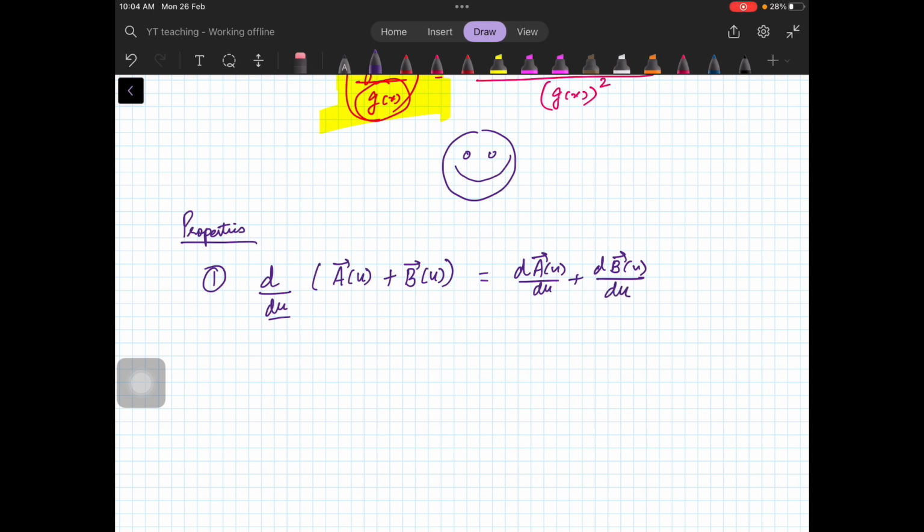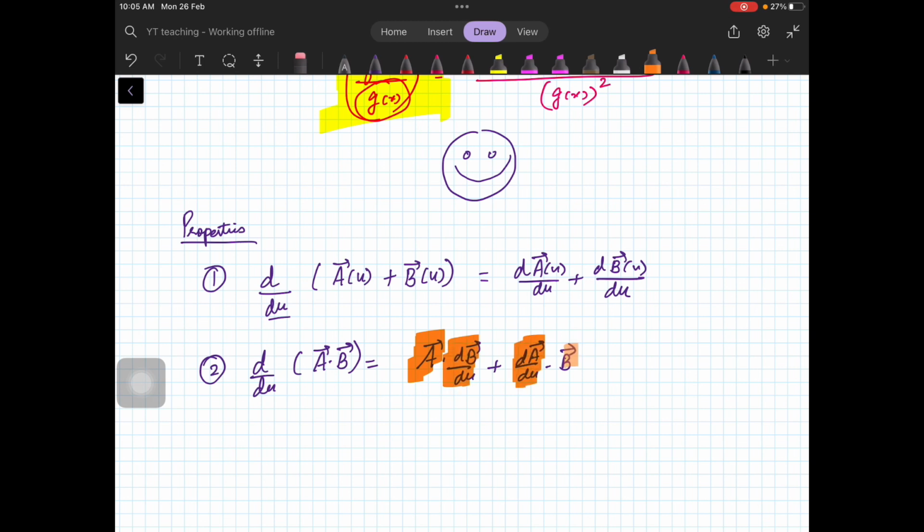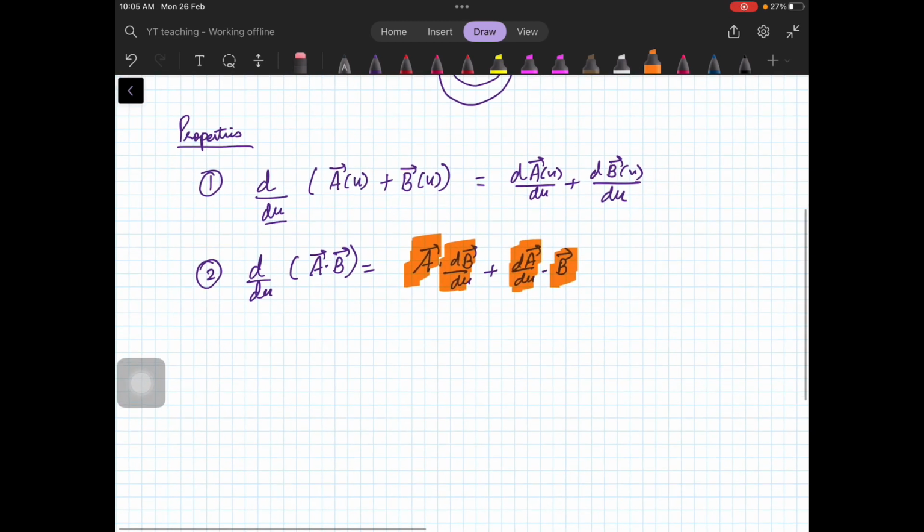The second property: if you have the dot product of a and b, then the derivative is a dot db/du plus da/du dot b. This is similar to the product rule, but instead of a simple product we have a dot product.